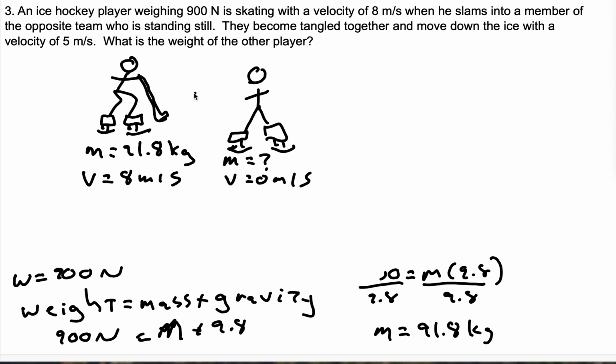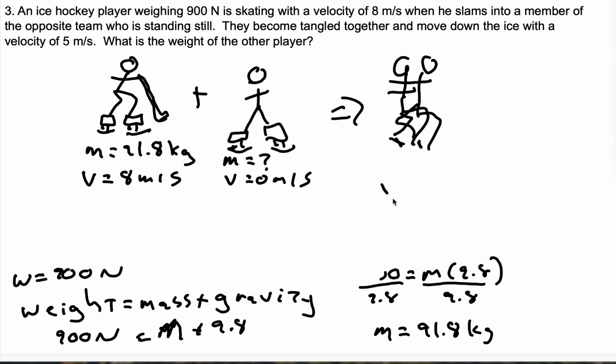So I start out with player 1 and player 2. Now, they slam into each other. At that point, the two players become tangled up, and they're kind of like one jumbled player. Their new velocity is 5 meters per second.